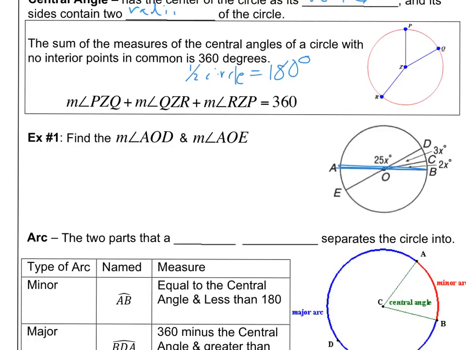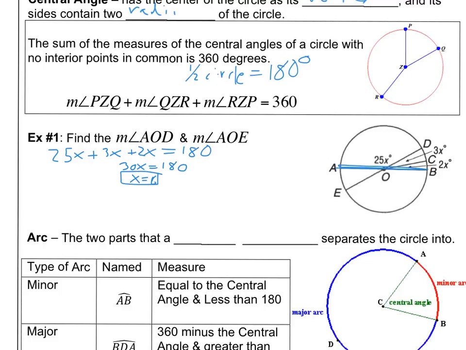So we have 25x plus 3x plus 2x. Oh, that has to add up to 180. So we're just going to do some simple algebra. 25 plus 3 is 28, plus 2 is 30. And divide 180 by 30, you get x equals 6.